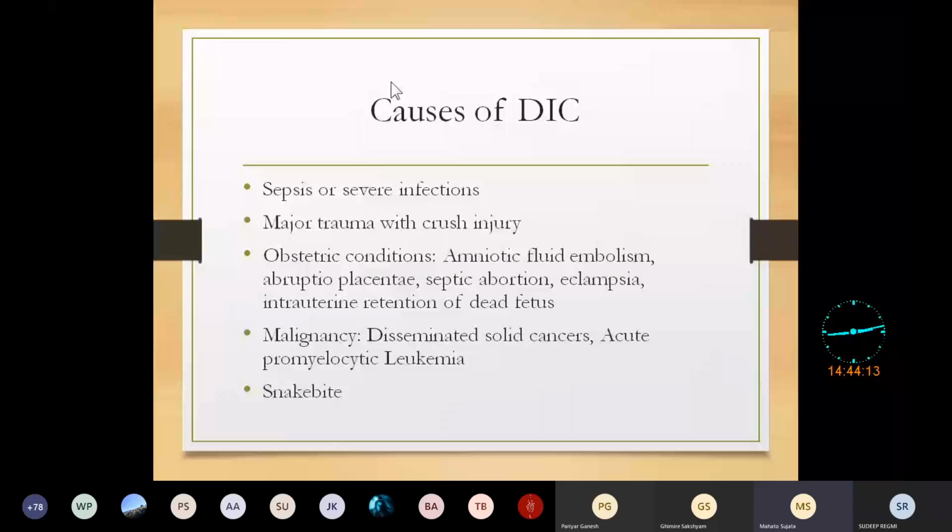The platelet has receptors, glycoprotein 1B, which bind to von Willebrand factor and the collagen, which leads to a conformational change in the platelets and the release of the granules. Due to the release of the granules, there is a release of thromboxane A2 and ADP, which leads to the aggregation of the platelets.